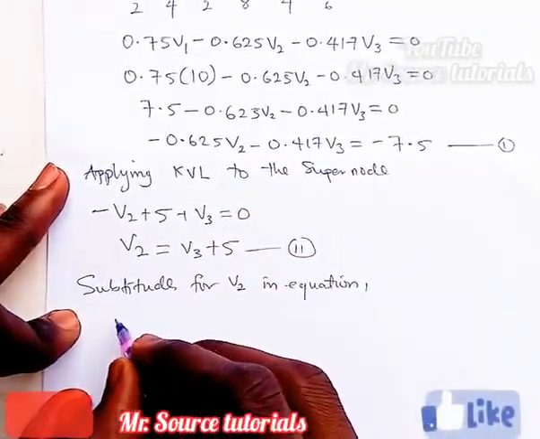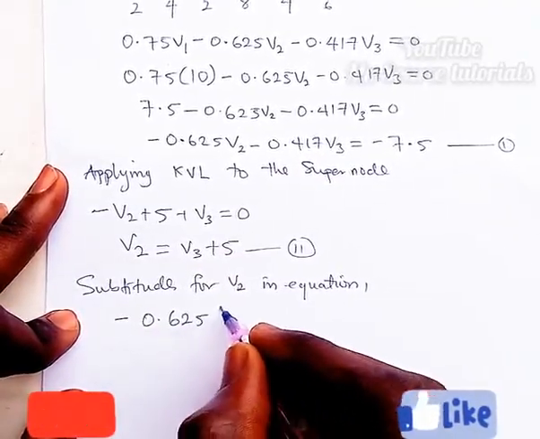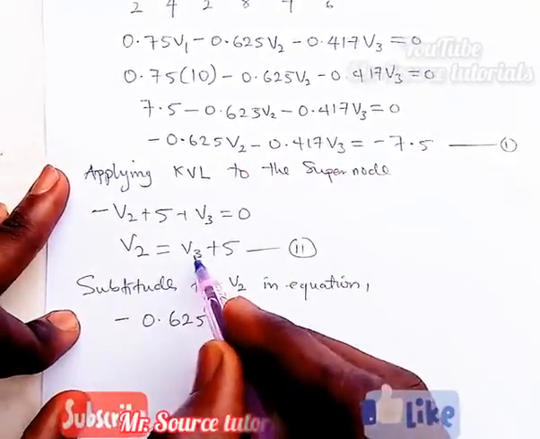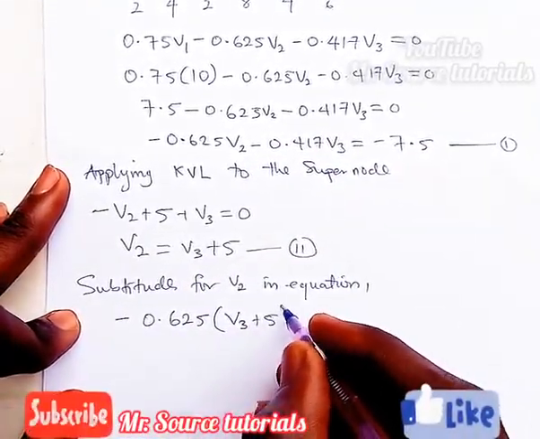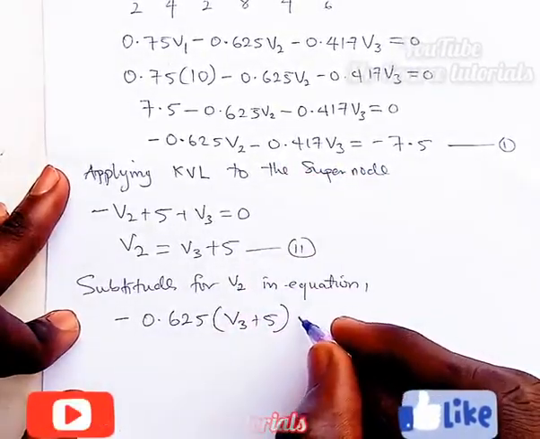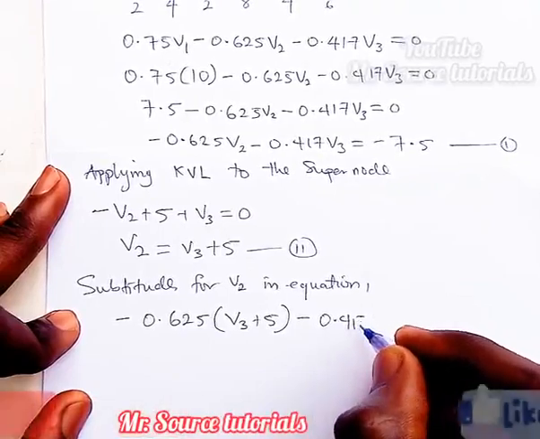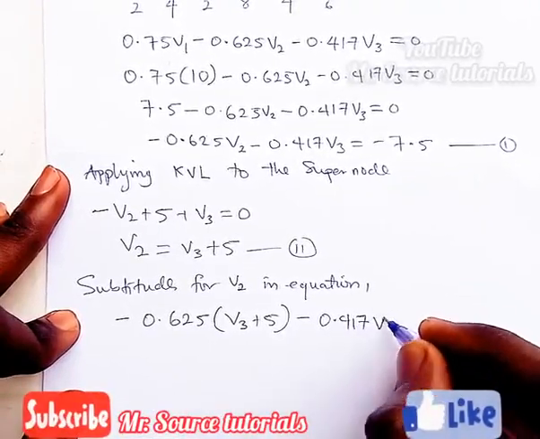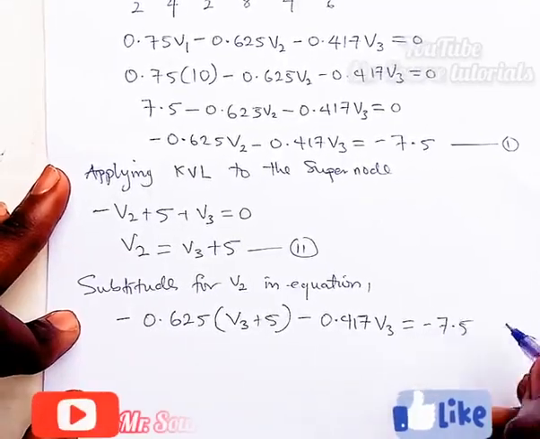So you're going to have minus 0.625 into V2, which is given by V3 plus 5, close that bracket, plus minus 0.417 V3, all equals minus 7.5.